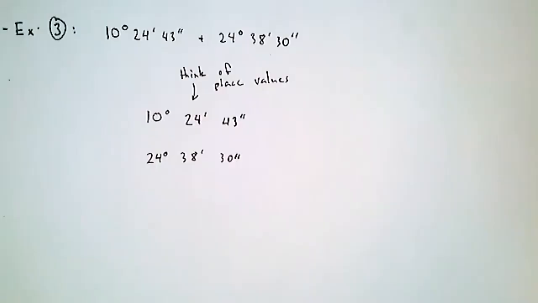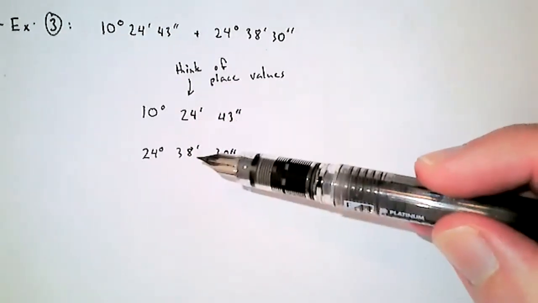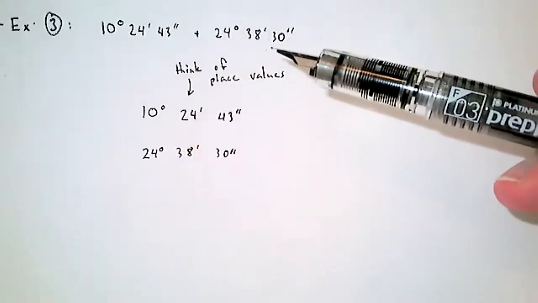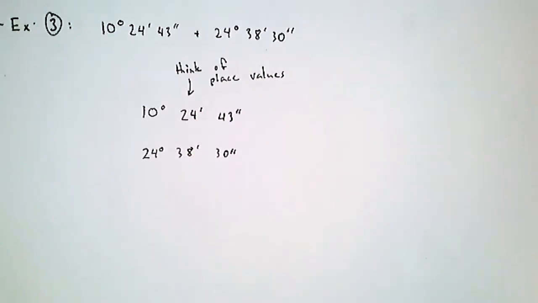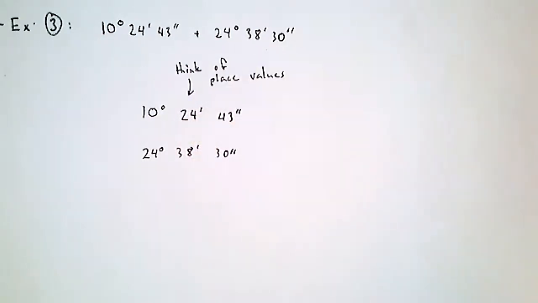So back in elementary school, you probably learned to add your ones together, you add your tens together, you add your hundreds together, and so on and so forth. And I know it's a little bit more complicated than that, and I know there's new teaching styles out there for addition, but let's just go back to that basic idea of adding place values.